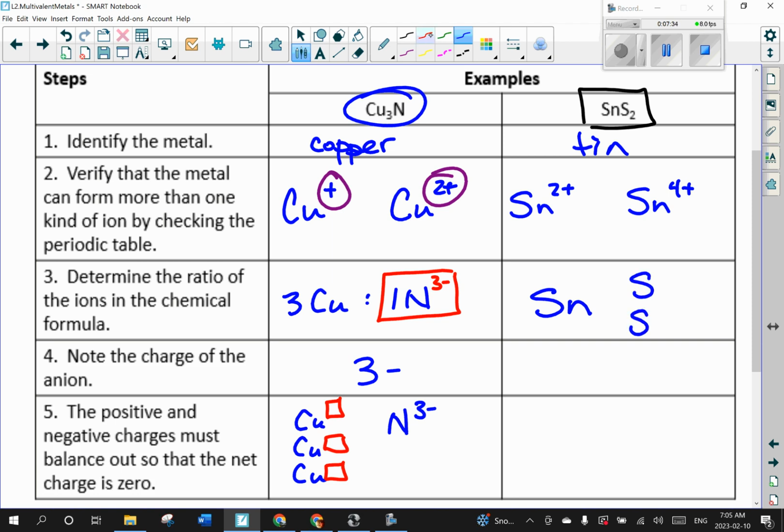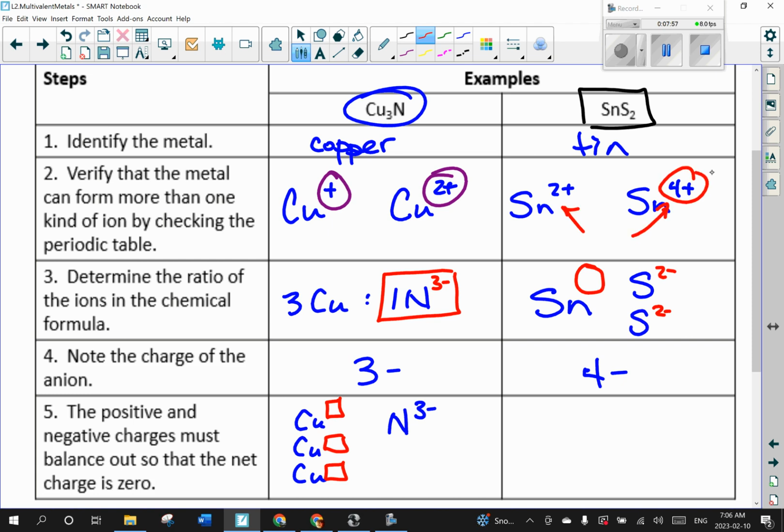And what do I know about sulfur? Sulfur is a -2. I'm pretty sure sulfur and oxygen, yeah. So my overall negative charge is a -4. And I only had 1 tin. And my options are 2 or 4.